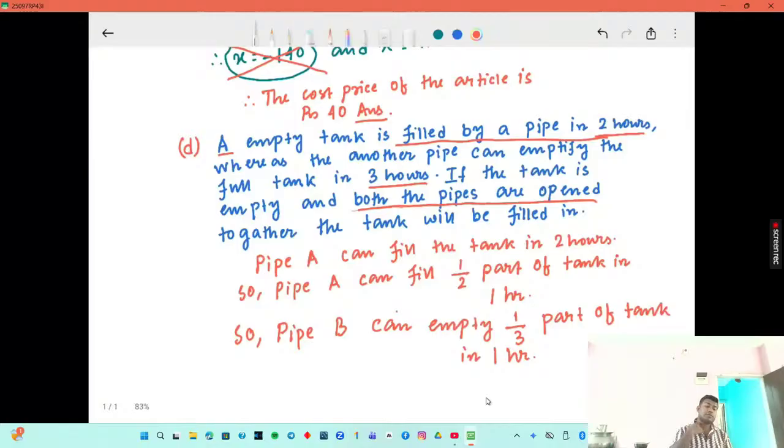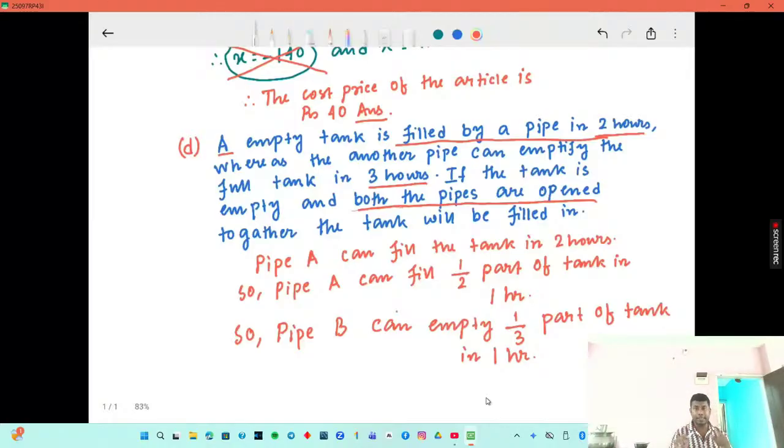So here we should remember one thing. When we are filling the tank, it is always a positive value, because we are adding some value to it.